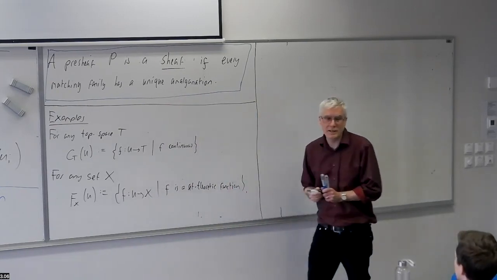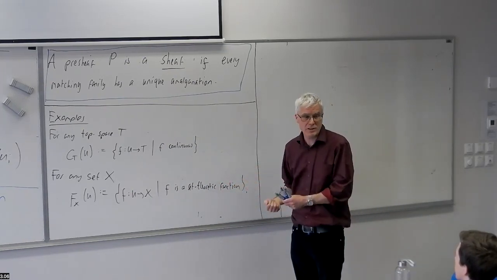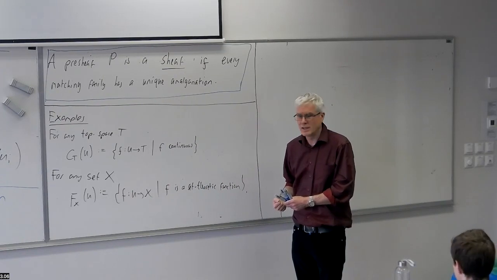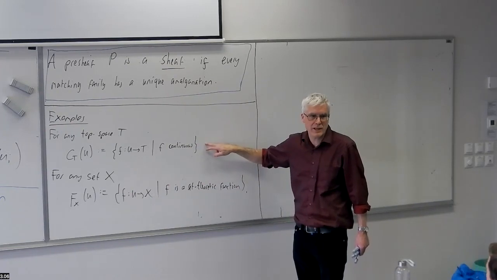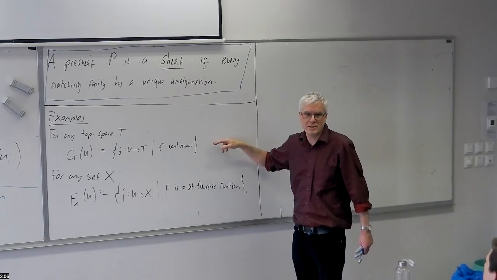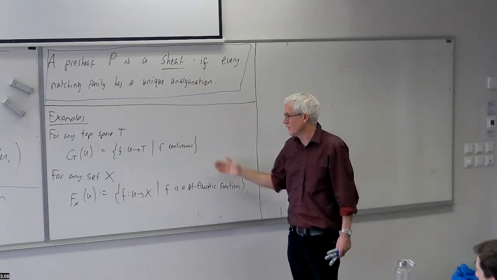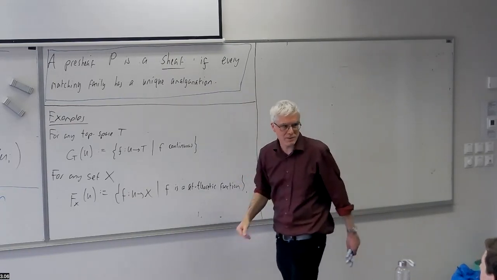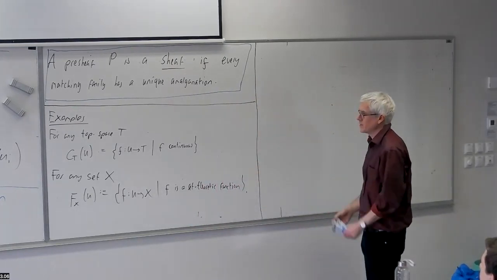We don't even need to worry about continuity. We get another example of a sheaf here, because the property of being a function is again determined locally. In fact, this is a special case of the previous one, because for any set X, you can put the smallest possible topology on it, called the indiscrete topology. Very nice, very silly topology. It only has the empty set and the whole set as its open sets. Then the continuous functions are exactly the set-theoretic functions. It's not a particularly interesting mathematical example.